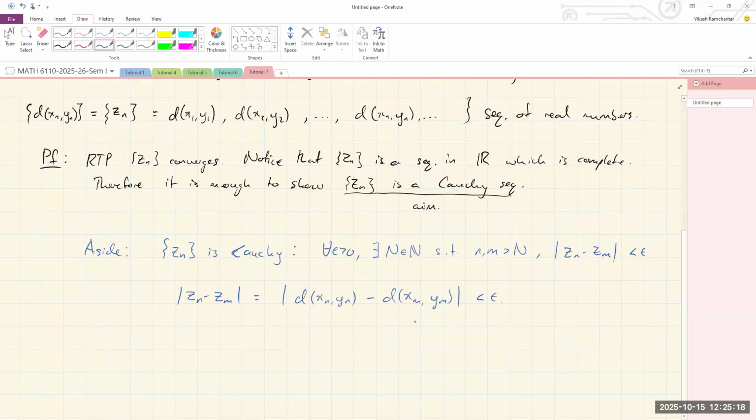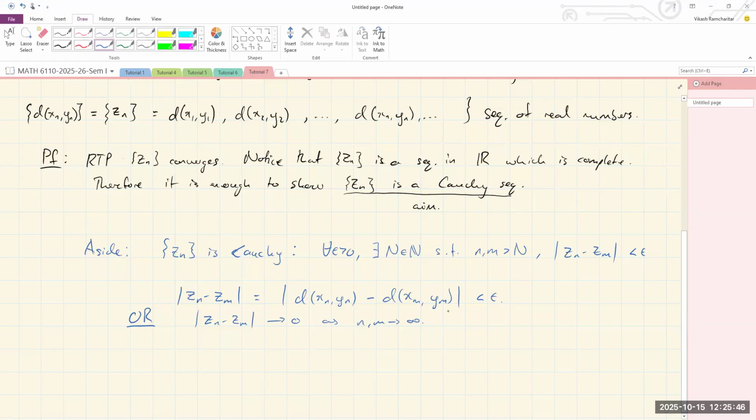So this is actually the easier way to do it: we could show that the modulus of Zn minus Zm goes to 0 as n and m go to infinity.